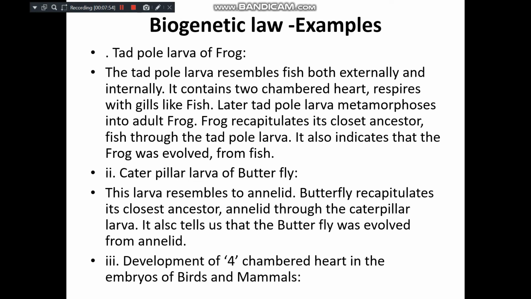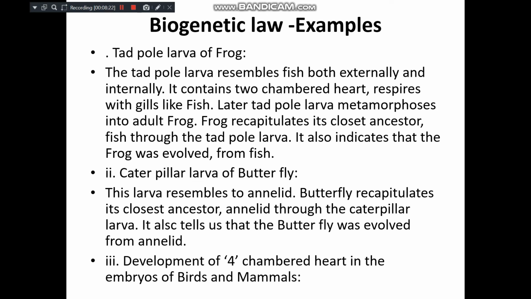On the body you can see the segmentation, and sometimes it may be hairy or sometimes not, depending on the species. This butterfly development recapitulates the annelid ancestor through the caterpillar larva. So it also tells us that the butterfly evolved from an annelid.